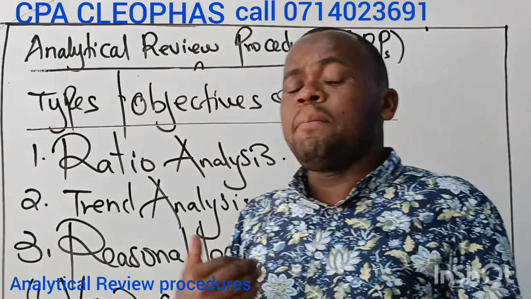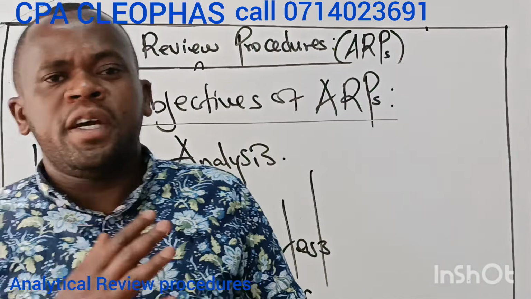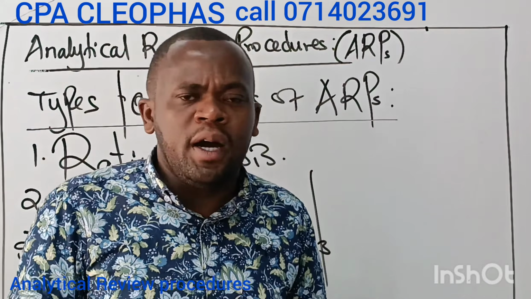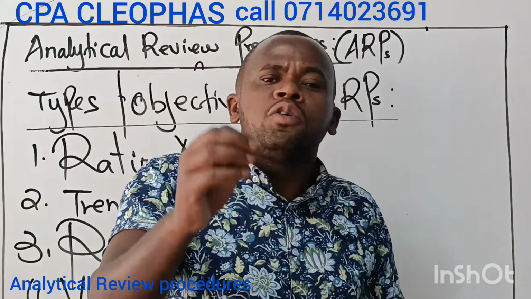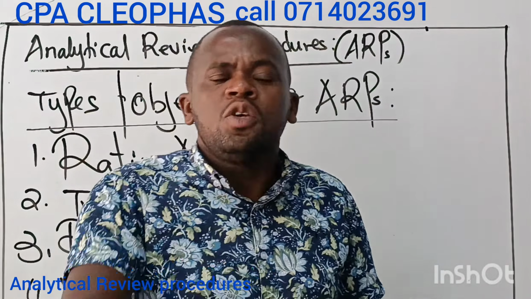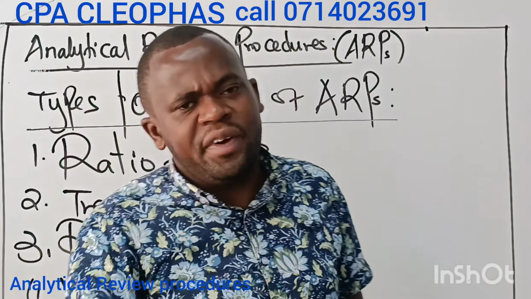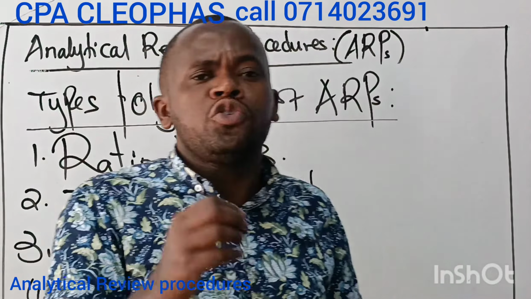In management accounting, you have done material price variance, material usage variance, material cost variance. You have done labor variances. You have done all of that. Overheads variances, fixed overheads and variable overheads. You have done them, so those are also part of this.